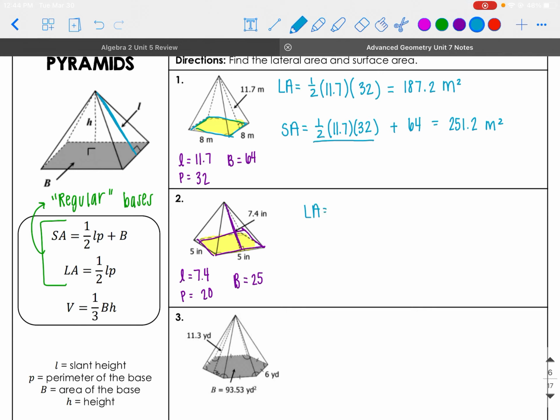So lateral area is half times 7.4 times 20, and we get 74 inches squared. Surface area, we have half LP again, plus 25. And we get 99 inches squared.